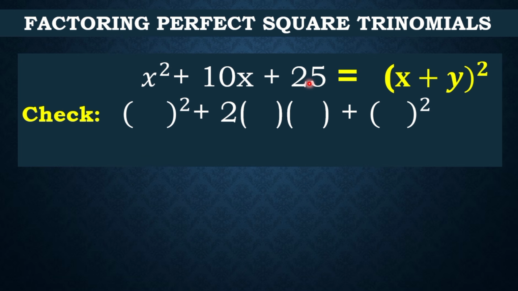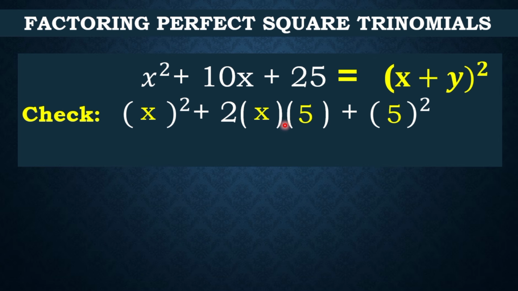Okay? So, since ang first term natin ay perfect square at ang last term natin ay perfect square din, eto, lagi tong 2 ha, ita-times natin, kukunin natin yung twice the product of your first and last term. So, pag nakuha mo yung square root niya at yung square root nito, ita-times natin siya dito.